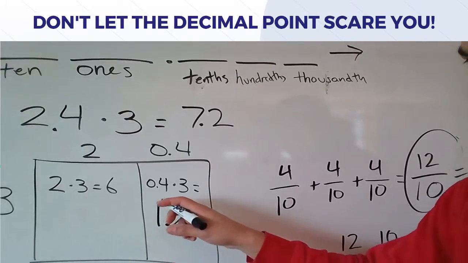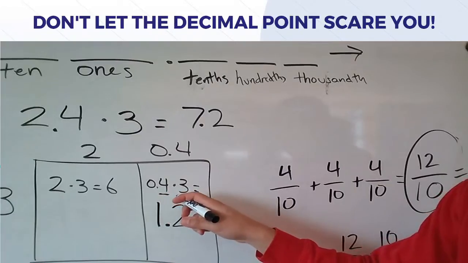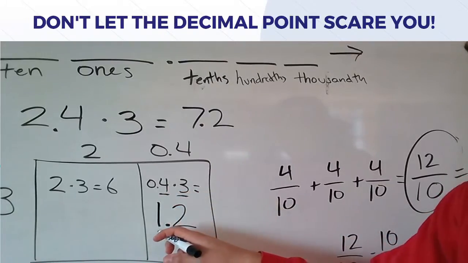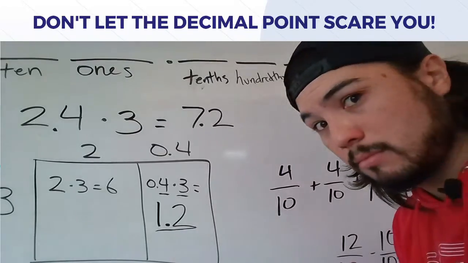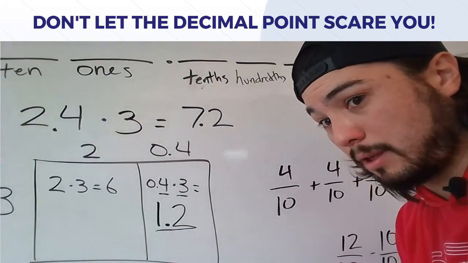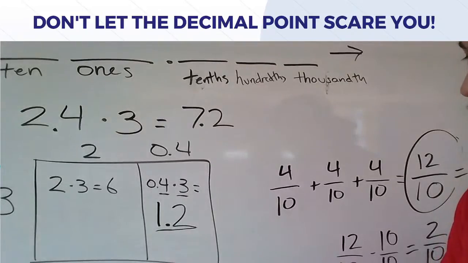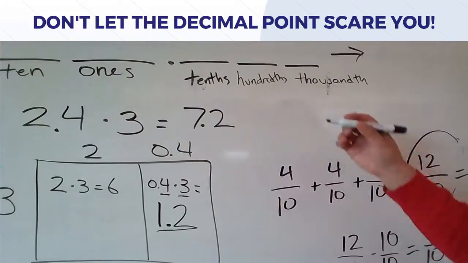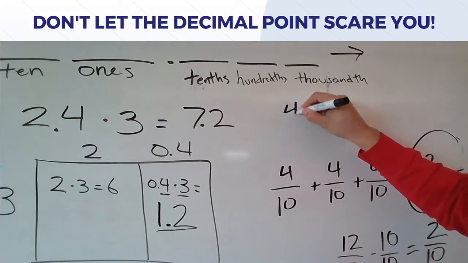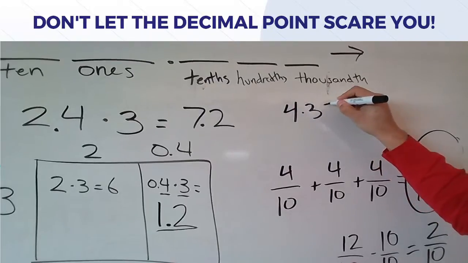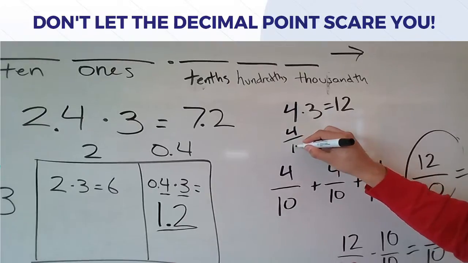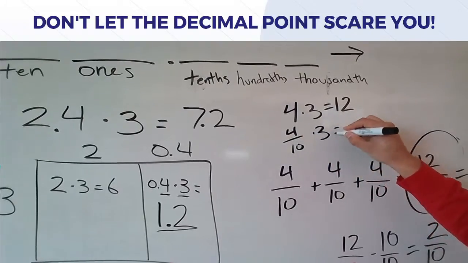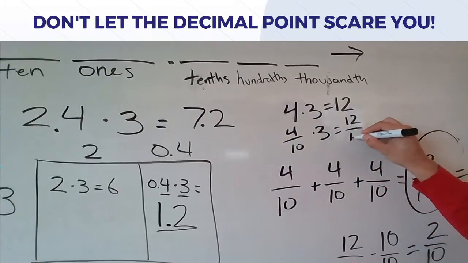I'm almost seeing 4 times 3 equals 12. Are you noticing that? Because I'm noticing that. So 4 times 3 equals 12. So 4/10 times 3 equals 12/10.